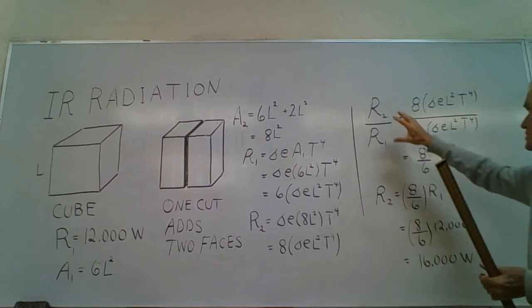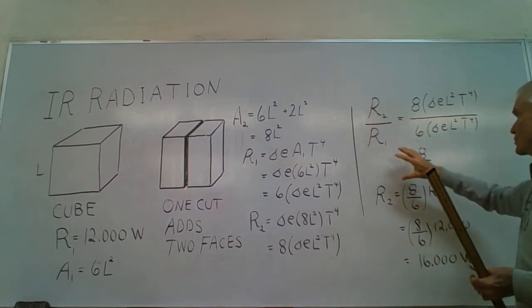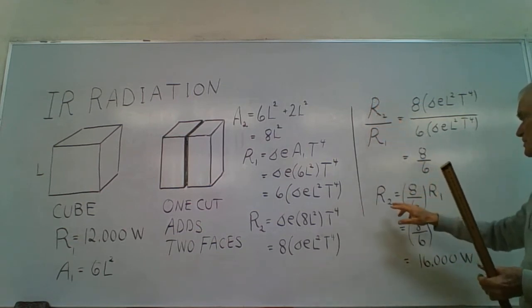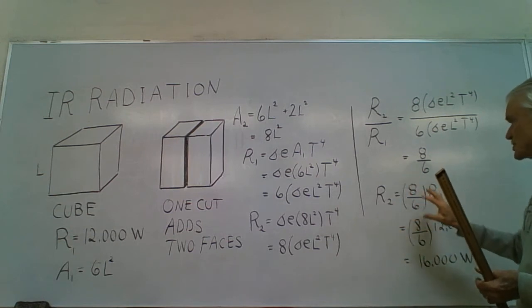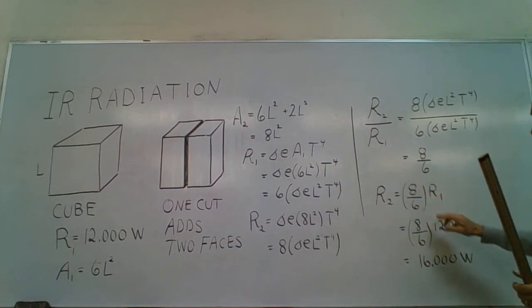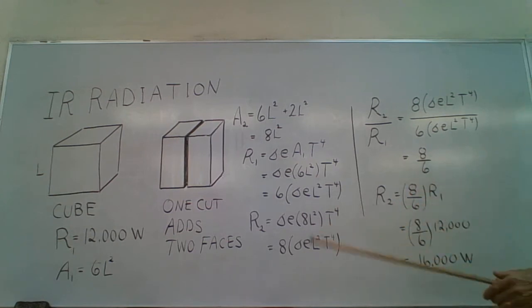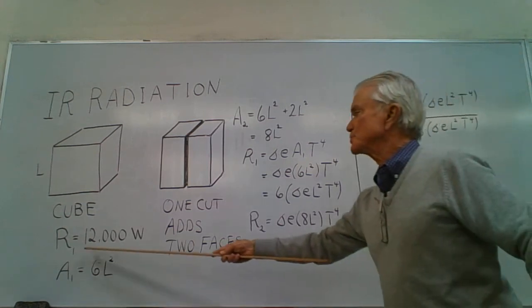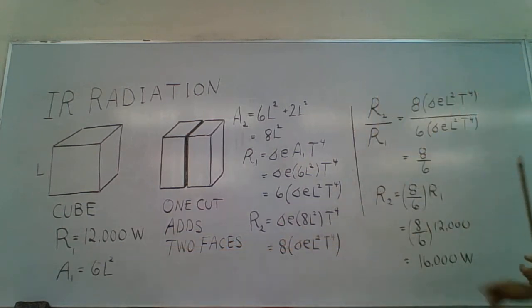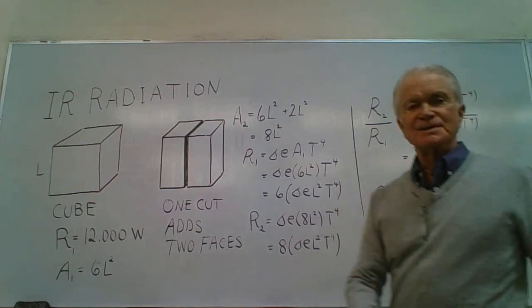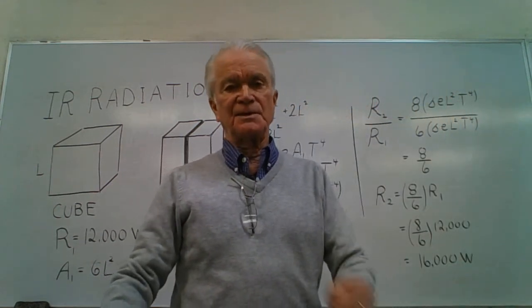Now we take this equation, R2 over R1 equals 8/6, and rewrite it this way. R2 is 8/6 times R1, but R1 is 12,000. 6 into 12 is double, times 8 gives a total of 16,000 watts. 16,000 watts from this block.